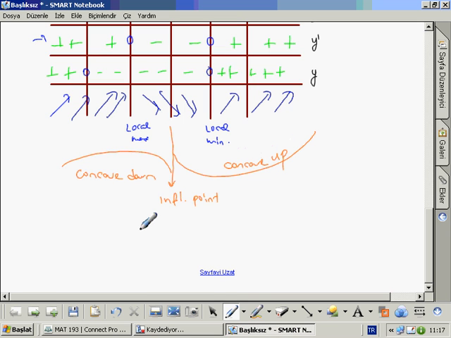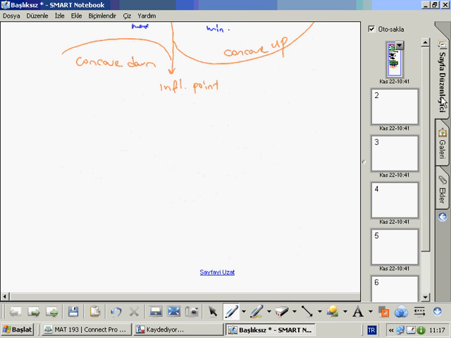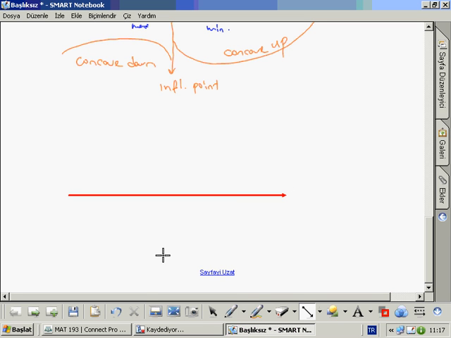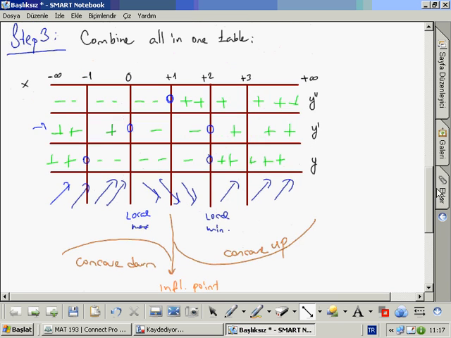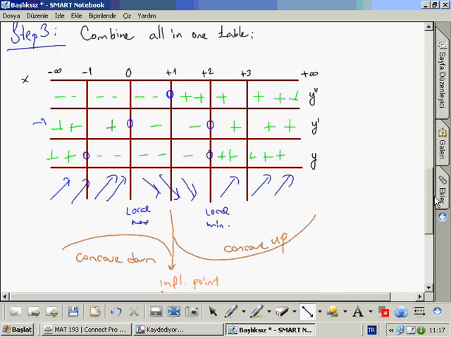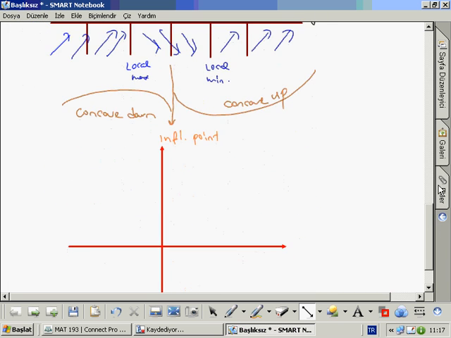And when you try to sketch this function on the coordinate system, you must look at this information. Please look at the roots of the function. These will be minus 1 and plus 2, I'm sorry, 2 and minus 1.